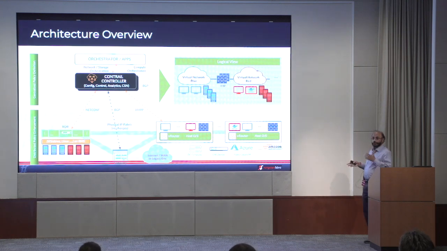The control plane talks to the VRouter agent, which runs on a hypervisor, and the VRouter agent essentially manages all the policy framework, right? I'll touch base on that in a minute in my next slide.